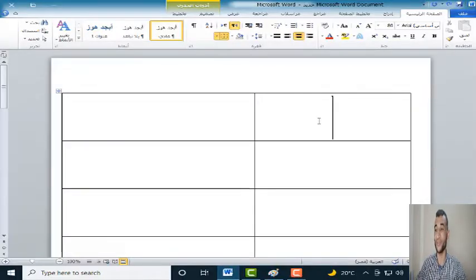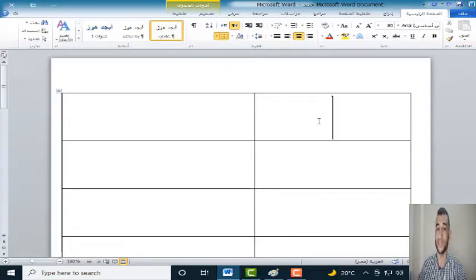If we look here, we will find that the first difference between the consonant Nun and the Tanween is that the consonant Nun is original, but the Nun of the Tanween is not original, it is an extra Nun.